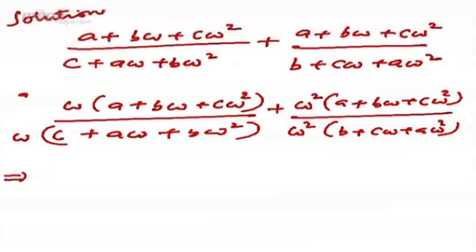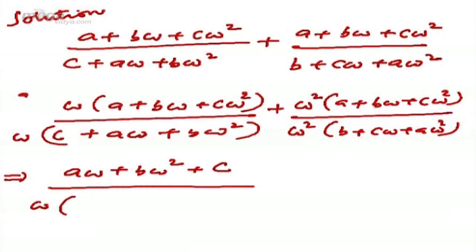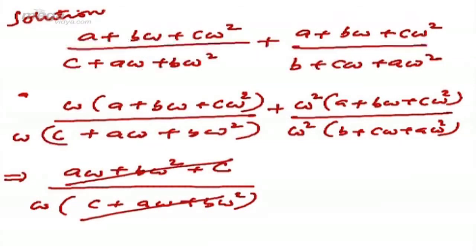Now take omega inside the numerator of the first term. You will get aω + bω² + cω³, that will become c, and the denominator will become ω(c + aω + bω²). Now the numerator will cancel out with the denominator.